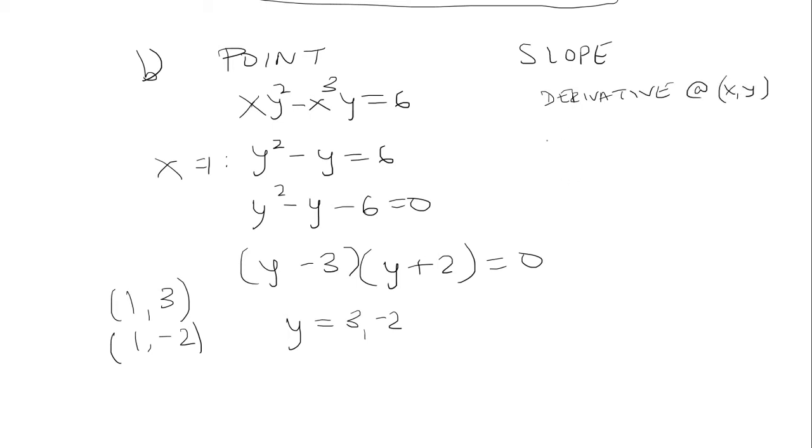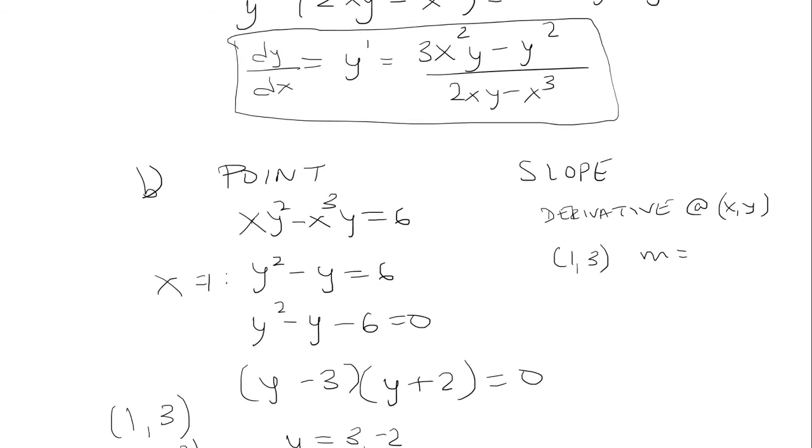So first, if we look at 1 comma 3, the slope, well, if I just plug it in to my derivative that I found in part A, I get 3 times 1 squared, which is just 3, times y is 3, minus plug in 3 for y squared, and then x is 1, so I'm not going to bother. 2 times 3 minus 1 cubed, which is just 1. Simplify. I have 9 minus 9 is 0. Yeah, so it's just 0 over 5, so that's just 0.